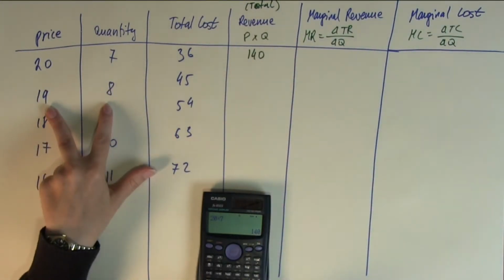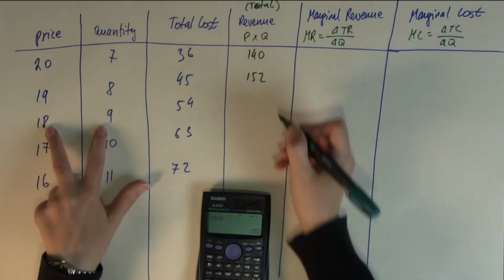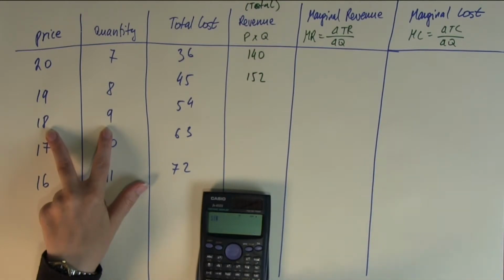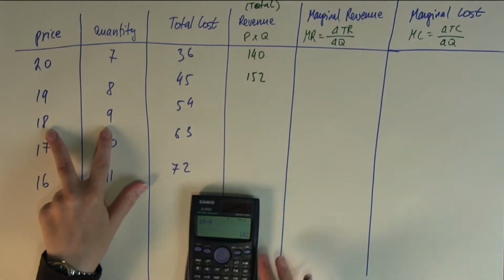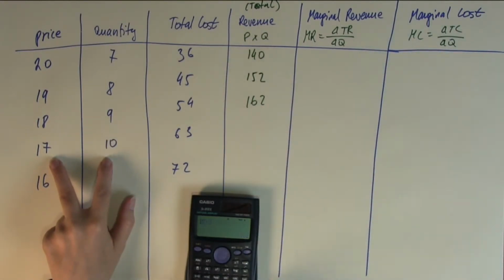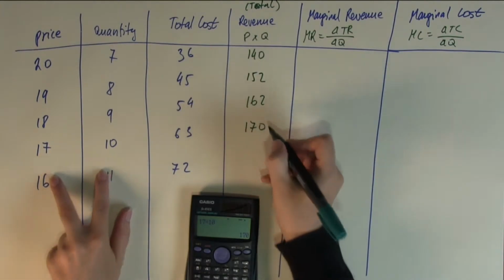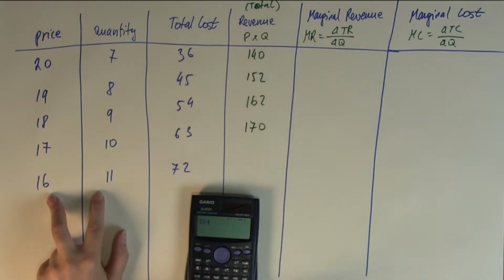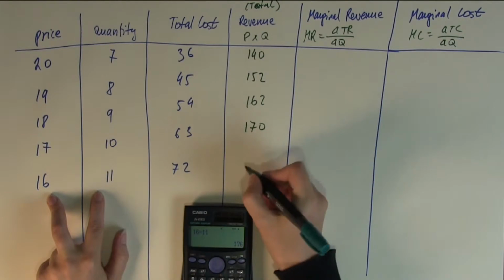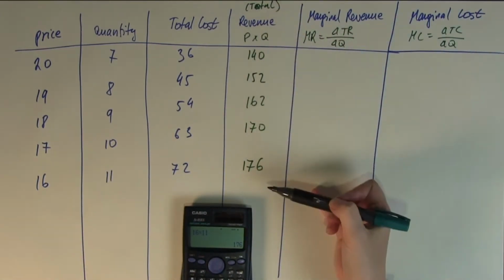Here it would be 19 times 8, which is 152. In this case 18 times 9, which is 162. 17 times 10, which is 170, and 16 times 11, which is 176. Now I've got all the total revenues.